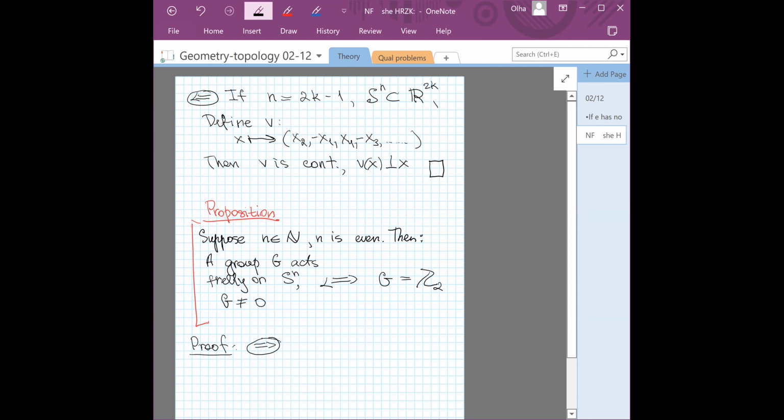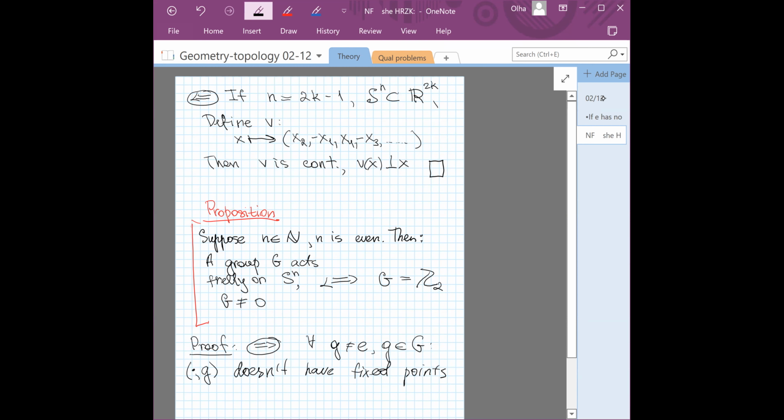To go this way, if G does act freely on Sn, then for every non-trivial element of G, the action of G on Sn doesn't have fixed points. I'm gonna denote it as a scalar multiplication.